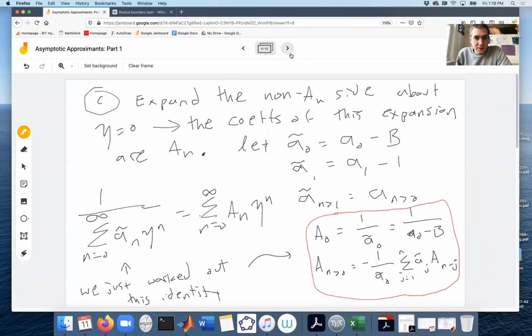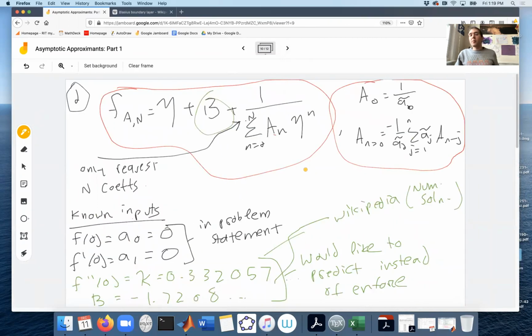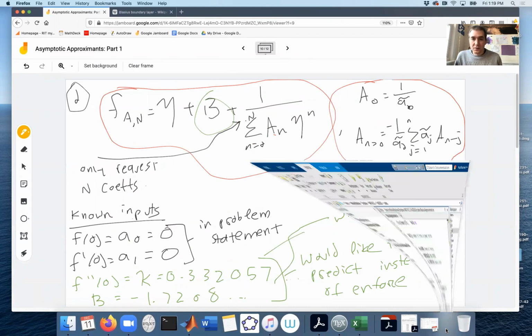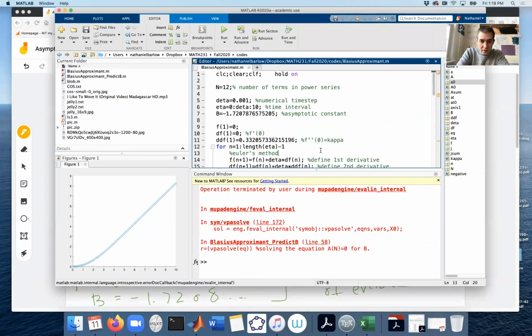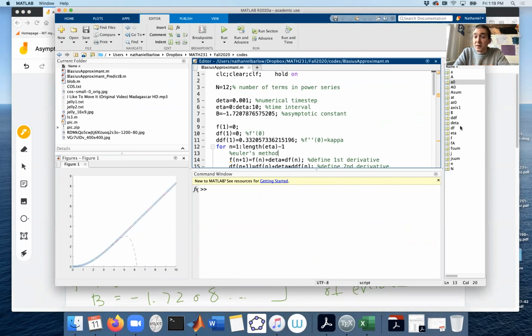So where did we leave off? We left off here. This is our approximate boxed in red. Let's run the code here that we ran last time. Over the last few videos, we've written a MATLAB code, where the circles are the numerical solution to the differential equation. The dashed line here is the power series solution with 12 terms. You can see it diverging.